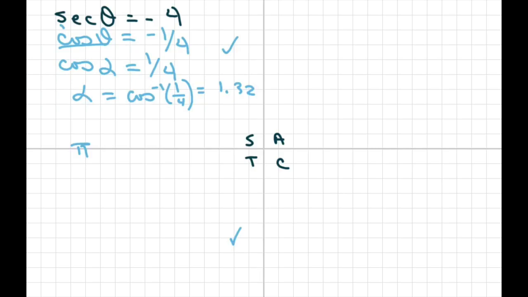And so this angle here is 1.32 approximately. I want to know what it's going to be here. I know that little bit is 1.32, and I know this little bit is 1.32.